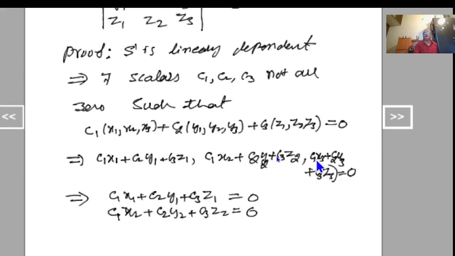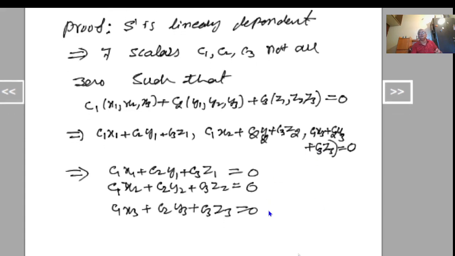Okay, second term. And third term, C1 x3 plus C2 y3 plus C3 z3 is equal to 0. Right?